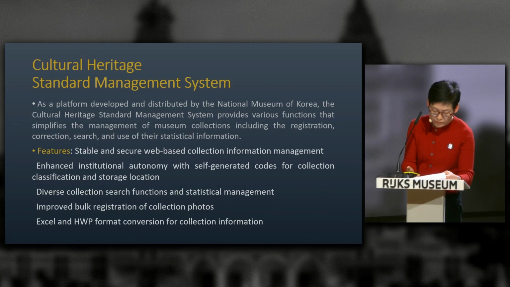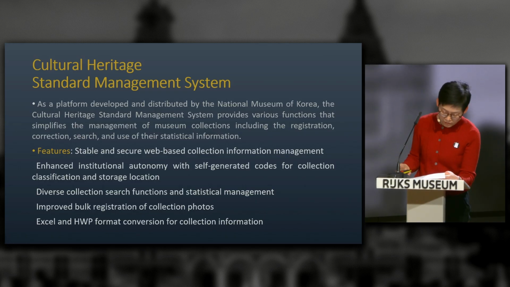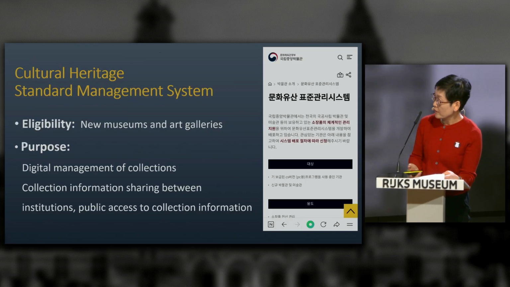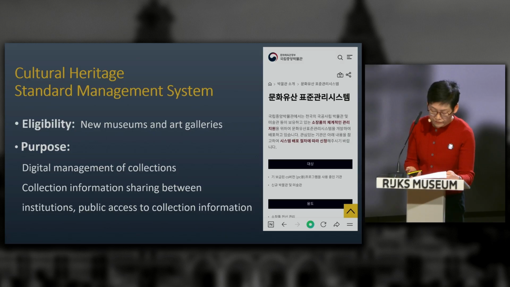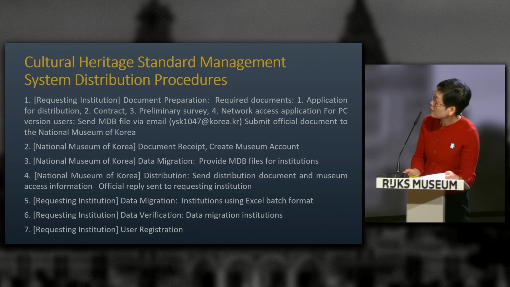CHSMS is stable and secure and enhanced institution autonomy with self-generated codes for their own collection, classification, and storage location, etc. Excel format conversion is available. The CHSMS, as you can see on the right side, can be utilized from the NMK website. This is a distribution procedure on the website.